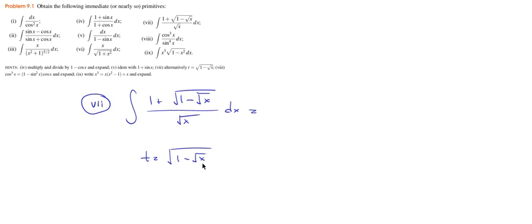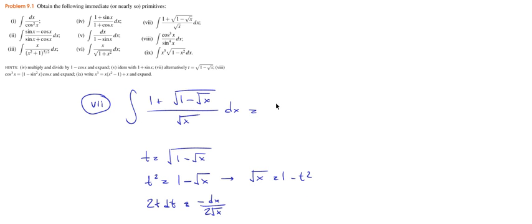So we can expand this: t squared is 1 minus the square root of x. So in other words, the square root of x is 1 minus t squared. But we can also write 2t dt is going to be minus dx divided by 2 square root of x.